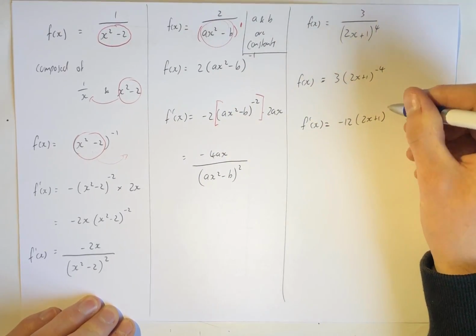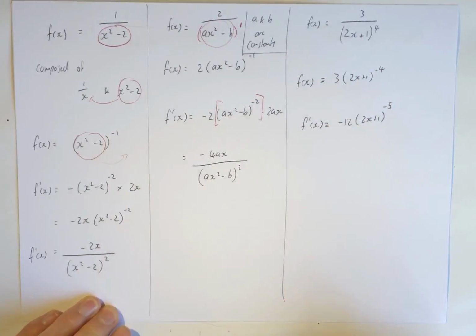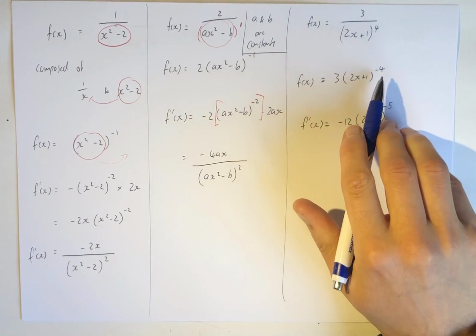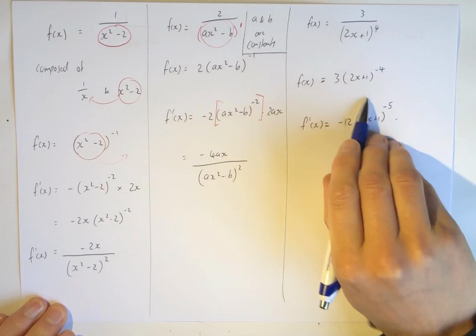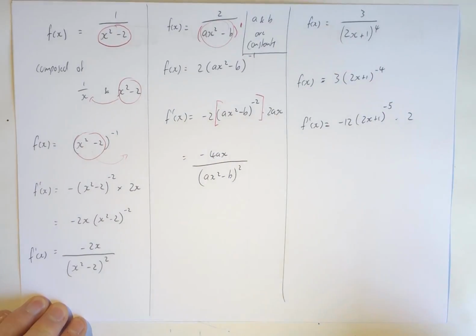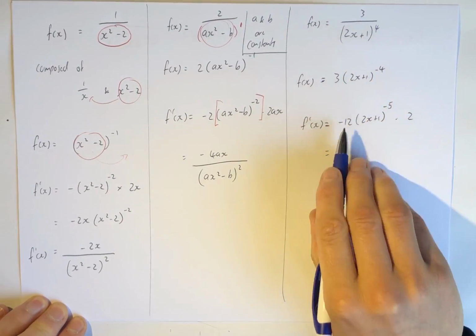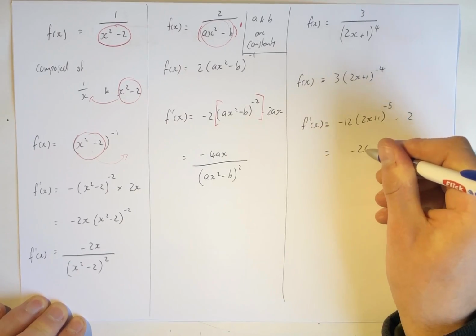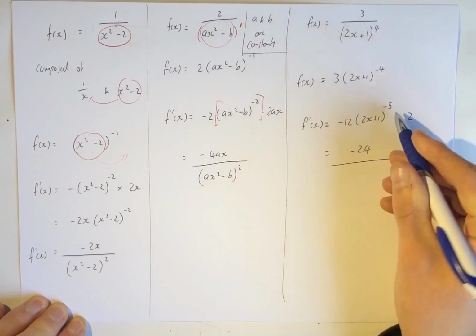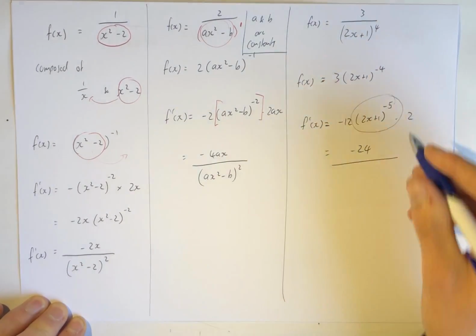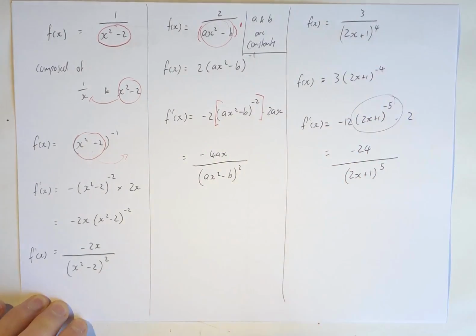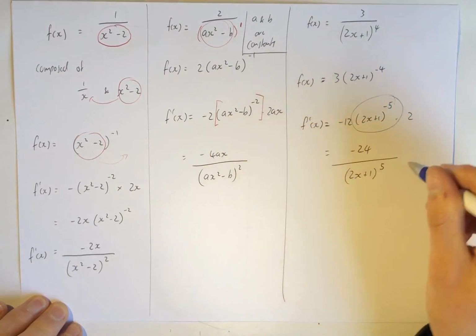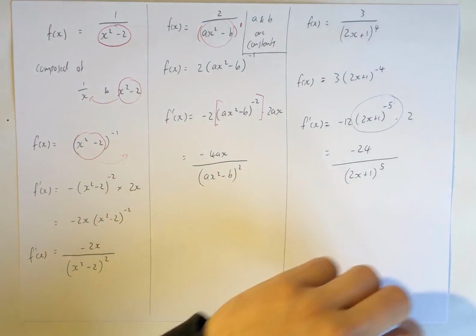Now I need to reduce the power by 1, and we proved that pattern by first principles a few videos ago, multiplied by the derivative of the inside, so multiplied by 2. Our derivative is now negative 24, over this entire thing with a positive power, 2x plus 1 to the 5. And that's our derivative function.